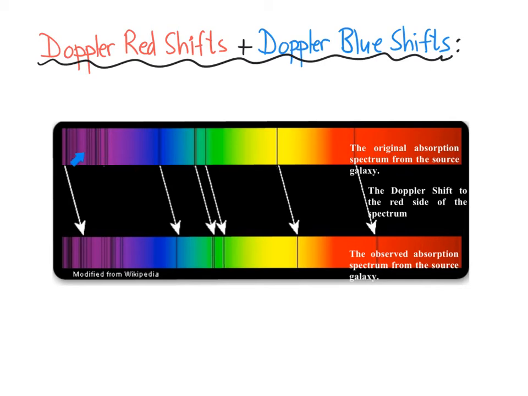Now, these patterns, as we explained with Fraunhofer lines, they can be deciphered, deconstructed, so that we can see what substances absorbed photons in order to produce those patterns. But now there's something else that's really, really interesting.